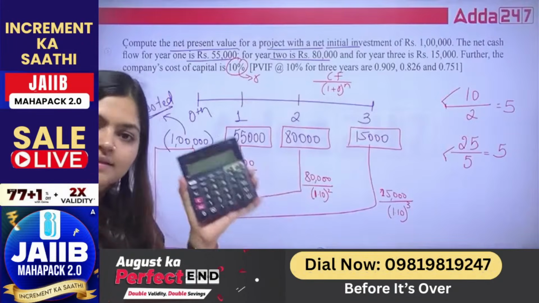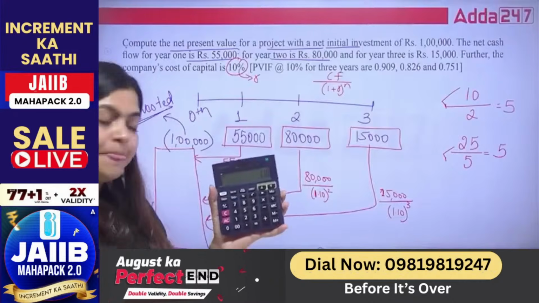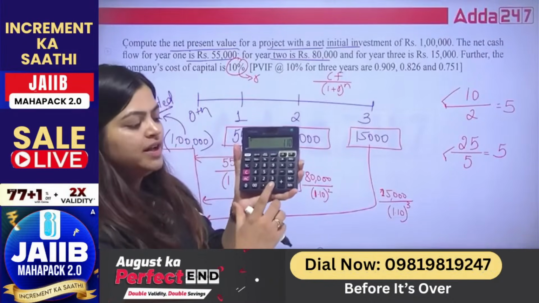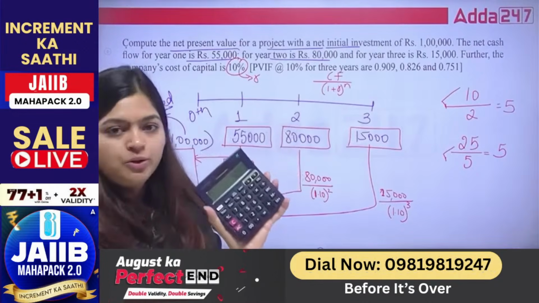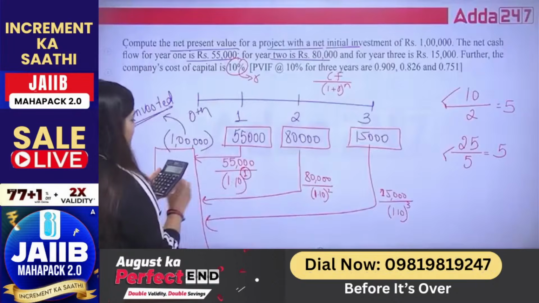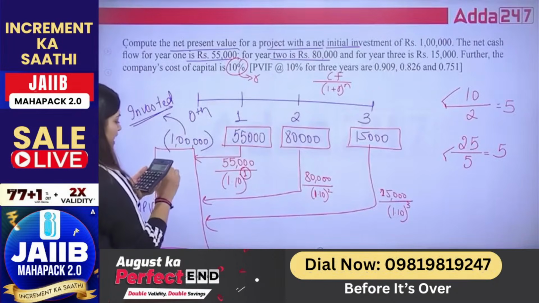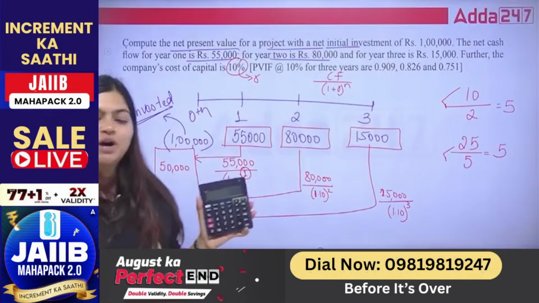This is what we generally do. And when your power is 1, just press the equal to button once. It means for the 0 time period, if you bring this 55,000 one year back, today's value is 50,000 only.